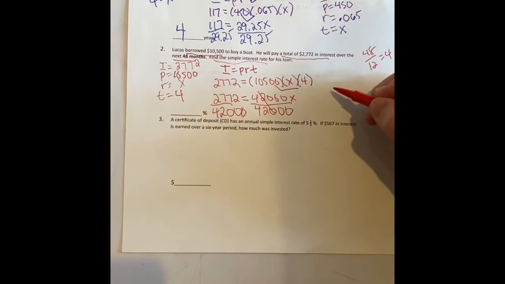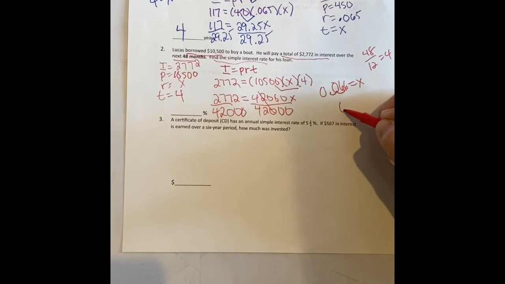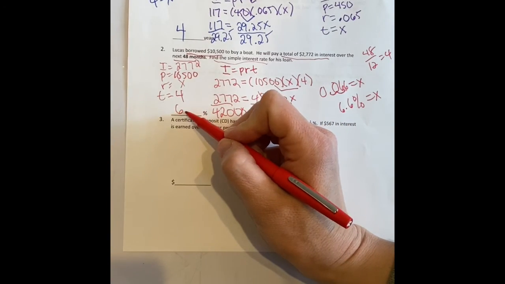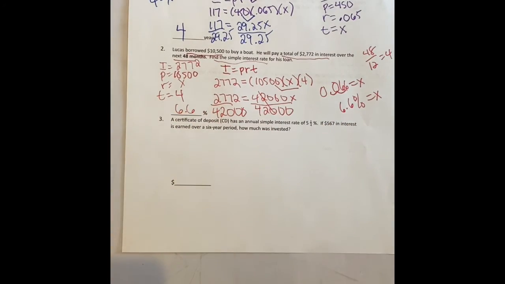And that gives us 0.066 is equal to x. That's your decimal. You have to change it to a percent by multiplying it by 100, which means that decimal gets moved over 2 places to the right. So we get 6.6%.